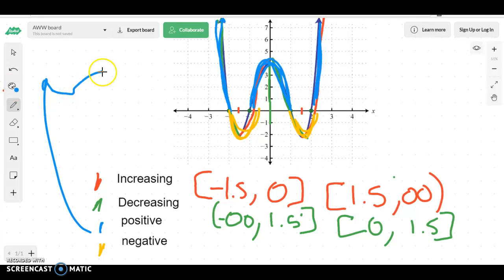It looks like it's positive from -infinity all the way to that point right there at -2. And another one we would have is this point right here at -1 all the way to +1.